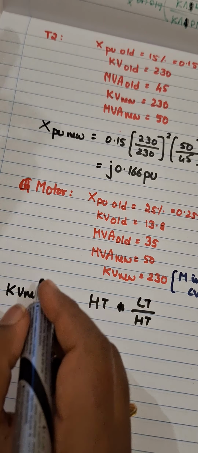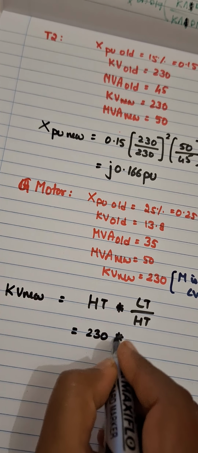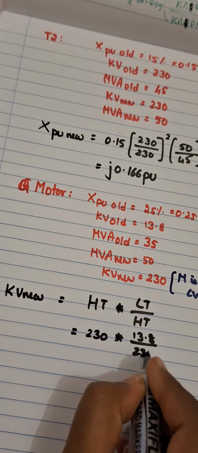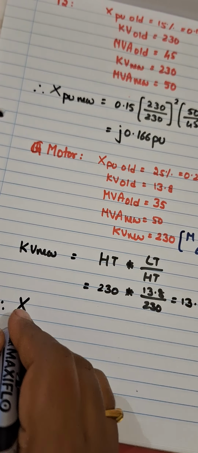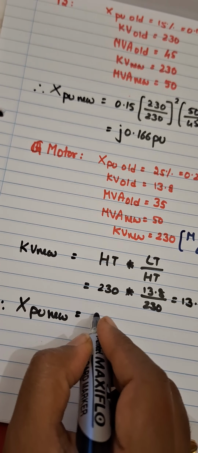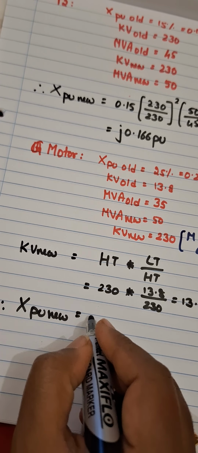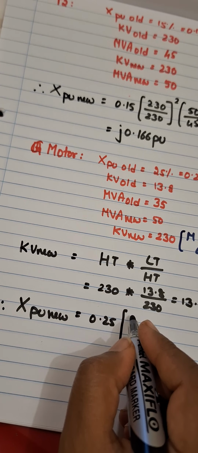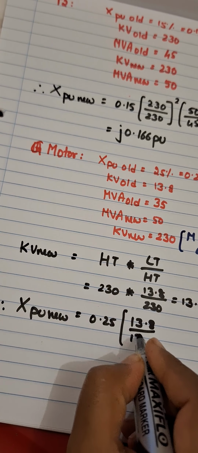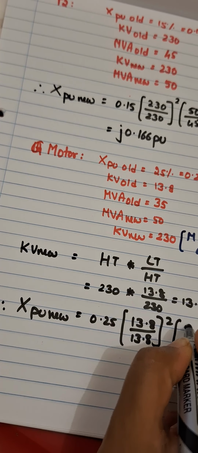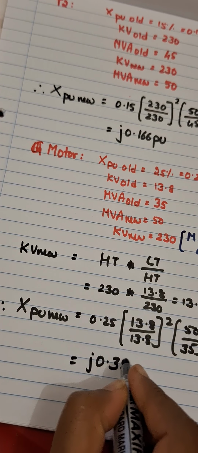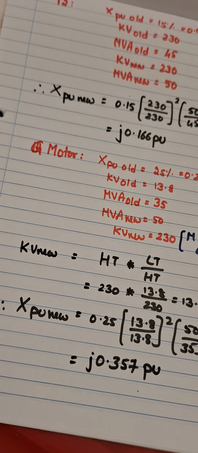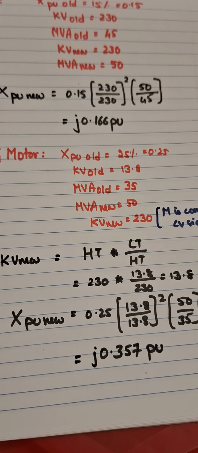Transformer is 230 by 13.8, so 230 times 13.8 by 230, answer is 13.8. Therefore, XPU new is equal to XPU old, 0.25, multiplied by kV old by new whole square into MVA new by old. If you multiply this, you are going to get j0.357 per unit. So this is how you can calculate for the motor.